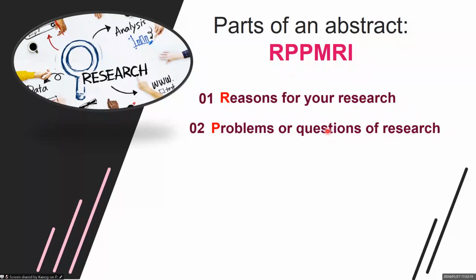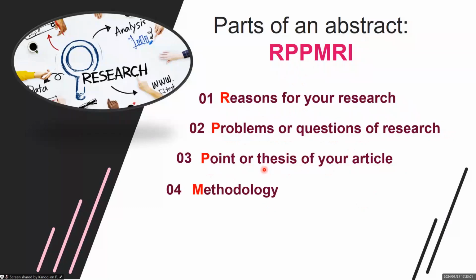This is also included in your introduction part. You just take the problems and questions of your research and put them in your abstract. Next P is the point or thesis of your article. So what is the thesis of your article? This will also be shown in your chapter 1, or you might mention it in chapter 2. I think it depends on you also.